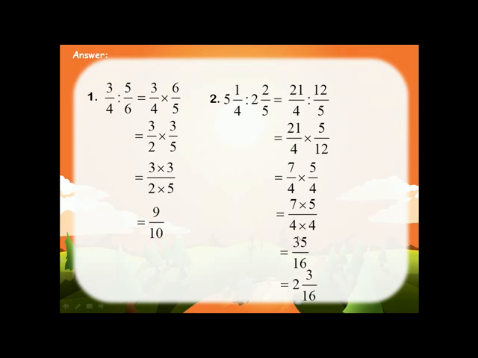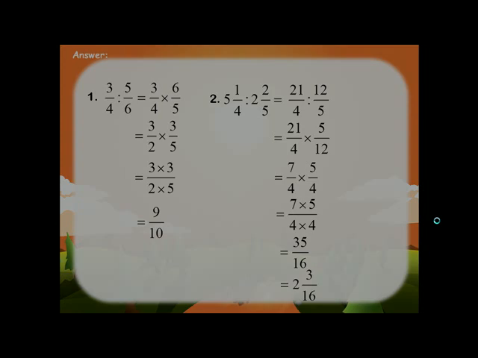It is an improper fraction because the numerator is greater than the denominator. We can transform it into a mixed fraction, 2 3/16.